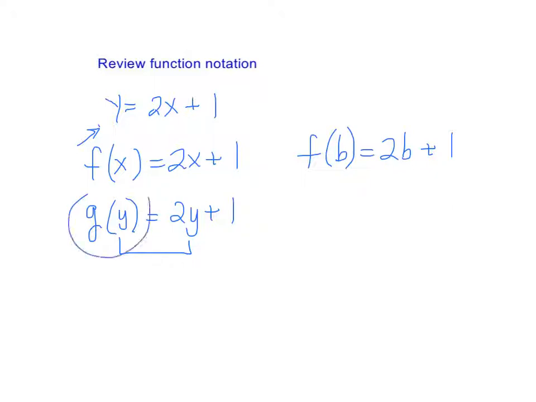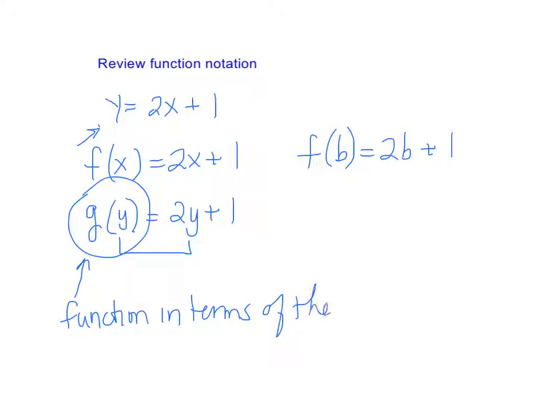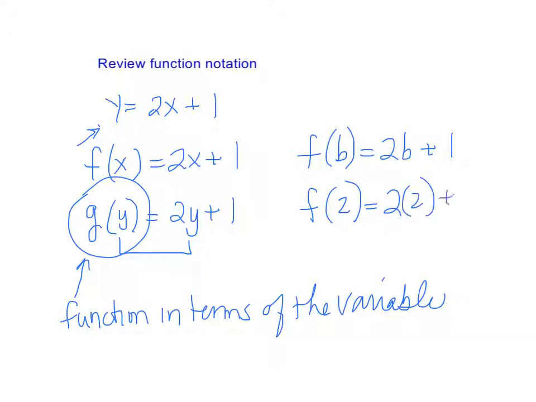And this is just notation, and it just means the function in terms of the variable that's denoted there. So say for instance on this one, instead of f of b, I put f of 2. Then everywhere there is a variable, I would put the 2. 2 times 2 plus 1 is 5.